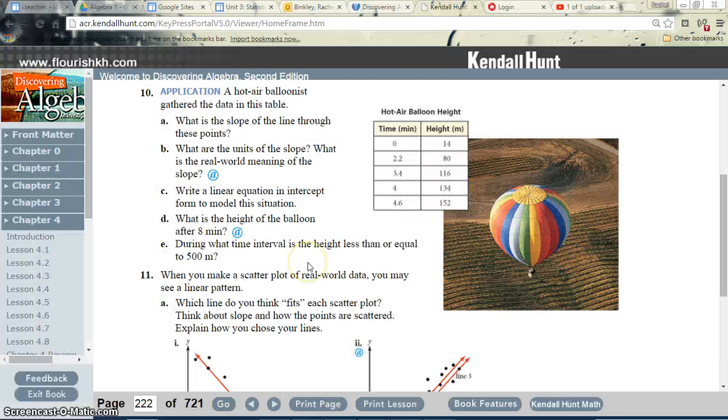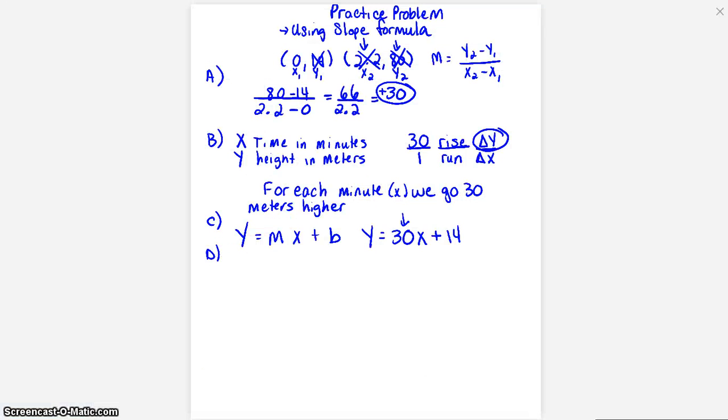Question D. What is the height of the balloon after 8 minutes? Good question. Let's use our formula. Y is the height, X is the minute, so we want after 8 minutes, so 8 minutes is X, right? So we're going to put Y equals 30, but instead of times X, we have times 8 plus 14. 30 times 8, I can do that in my head.